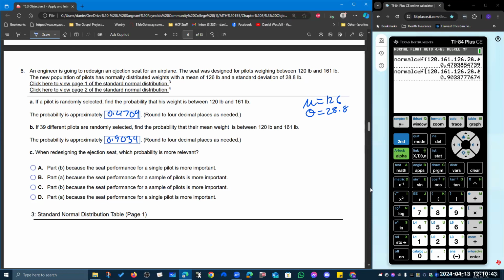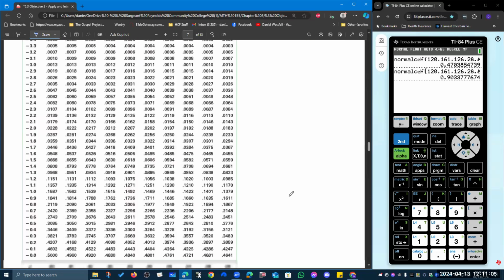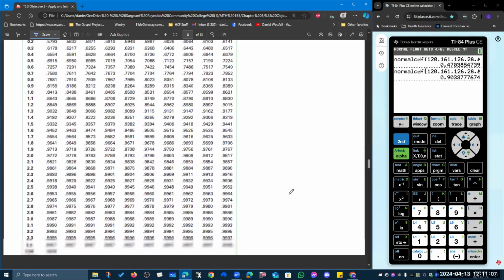So this is 47.04%. This is 90.34%. Which of these is more important? Again, the individual is more important, part A, because the seat performance for a single pilot is important. Whether the ejection seat is going to work or not for that particular pilot.